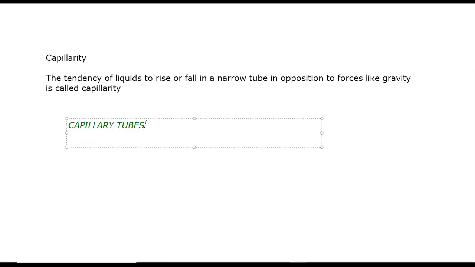Now this rise or fall happens because of surface tension. Also there is a balance between the surface tension that is acting on the free surface of the liquid and the forces that are acting on the liquid surface.